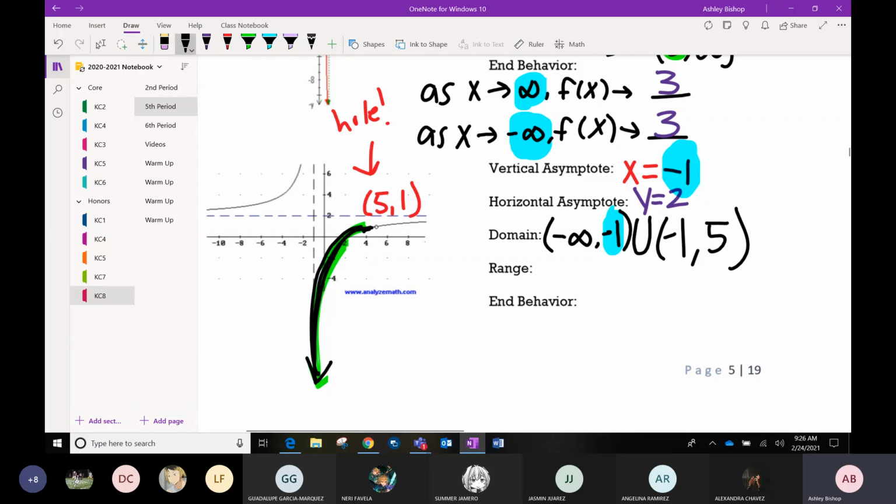A hole is like a jump in your graph. It stops at the x value of that point, which is 5. Then I'm going to pick my pencil up, jump over that hole, and be well on my way. So union 5 again, and then I'm well on my way forever to the right towards infinity.